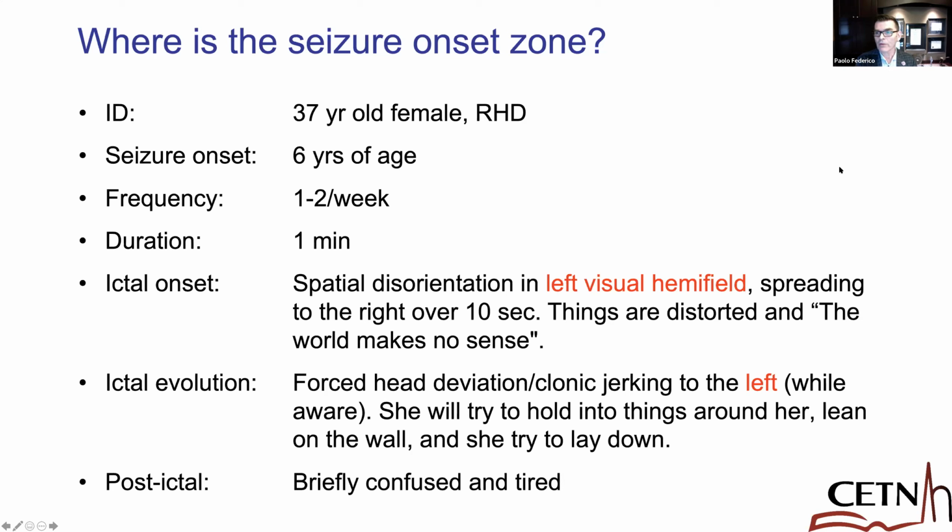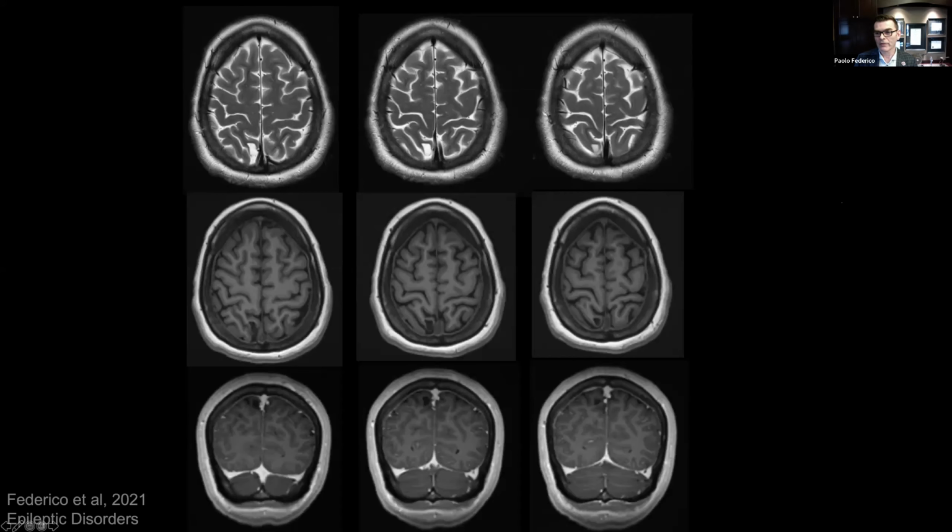So with the localization that we've come up with, I would like to ask someone in the chat line to identify whether they can see a lesion here. And of course, the answer is yes, there's a lesion here. These are axial T2s, axial T1s, and coronal T1 with gadolinium.